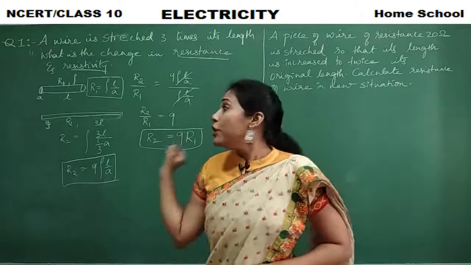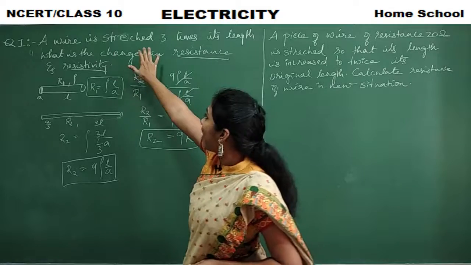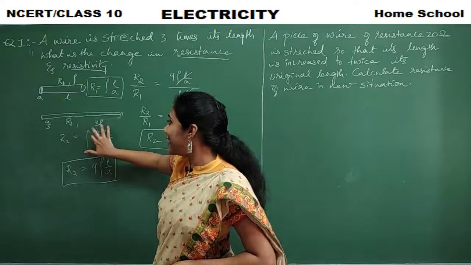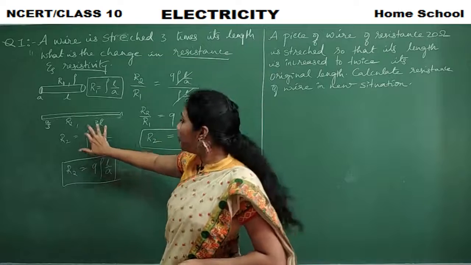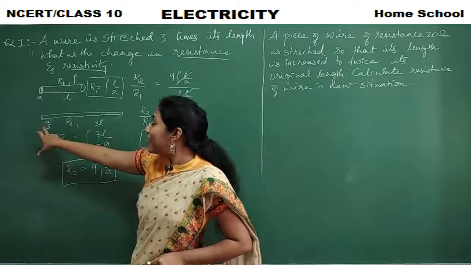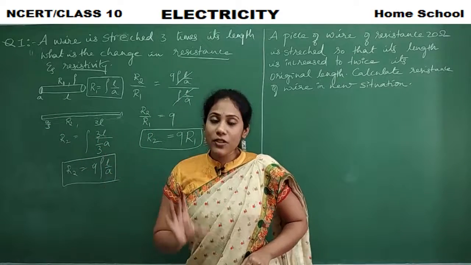Clear, everybody? So don't forget, when a wire is stretched 3 times, you will logically think that the length will increase by 3 times and you will take the length as 3L. But sometimes you forget to take the area. Here area also undergoes a change.